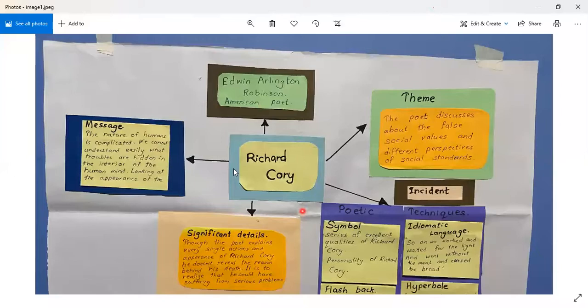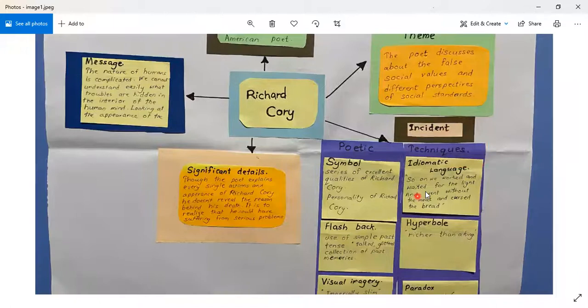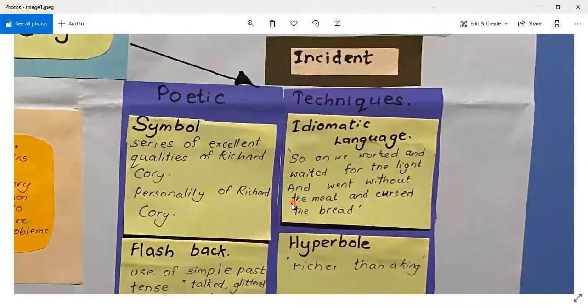Now, idiomatic language, as I told you, in the given line, the meat and the bread. The meat, once again, highlights their lack of luxurious, that means good meals. So they are dreaming to have it. Meat, and that definite article the poet has used there.